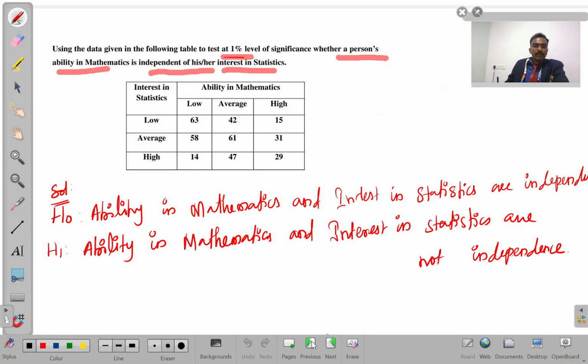Reject H0 means write the final conclusion. The conclusion is based on H0, which we defined in the first step of the given problem.